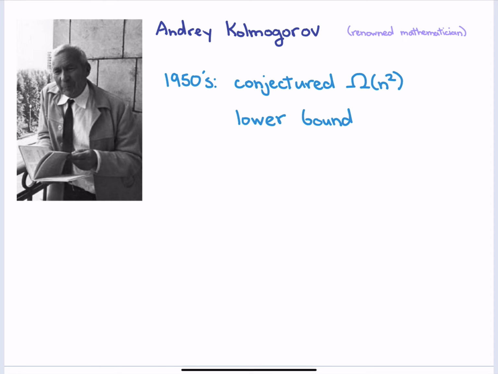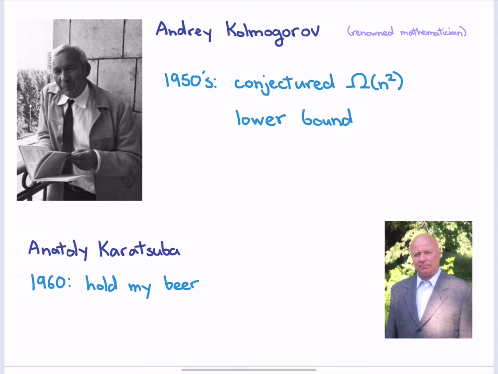So he went around asking if n squared was best possible. He was running an early seminar in Russia, and then surprisingly, Karatsuba, who I think was a graduate student at the time, very young, showed up with a better than n squared algorithm, and that's what we'll discuss today. Part of the takeaway is, geez, we didn't even know the best way to multiply integers.